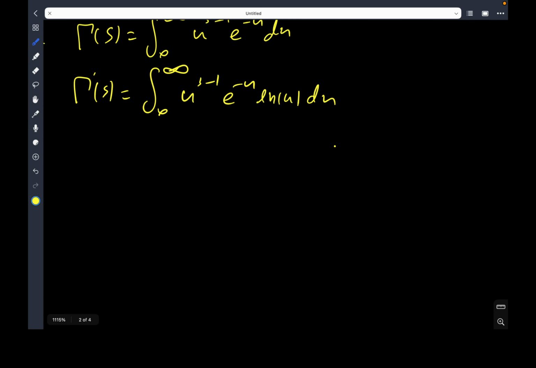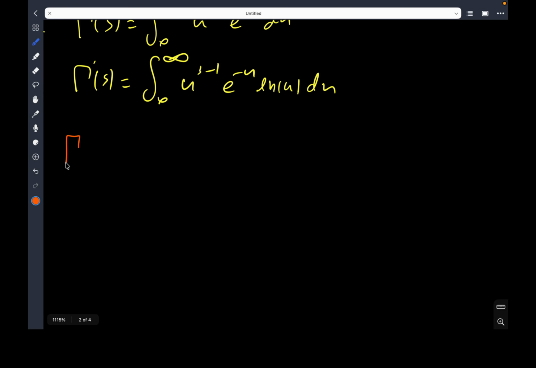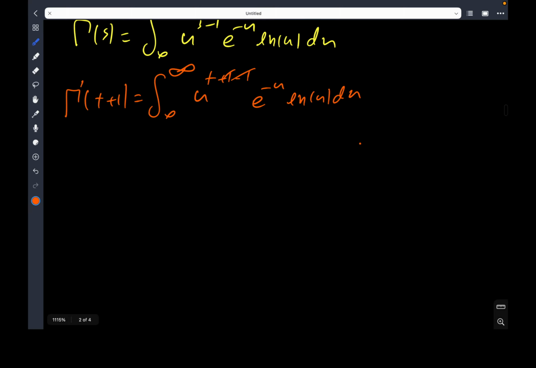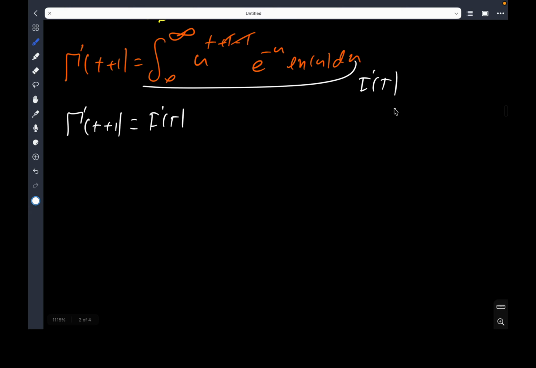So if I say gamma of t plus 1, it's going to be the integral from 0 to infinity of u to the t plus 1 minus 1, which is going to go away, e to the negative u ln of u du. And thus gamma prime of t plus 1 is going to be I prime of t, since this function here is I prime of t.